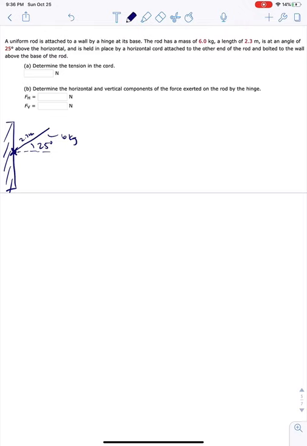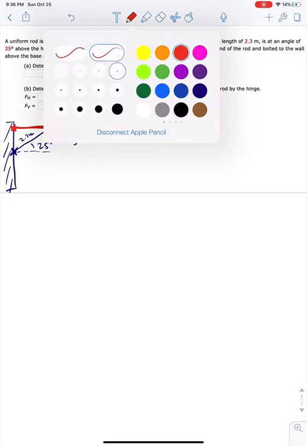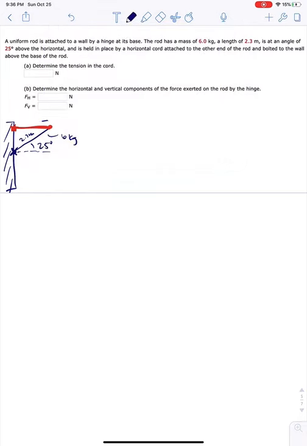And then it's held in place by a horizontal cord that I'm going to draw in red, like this. Okay? And it's bolted to the rod up here. All right. And the question is, what is the tension in the cord?